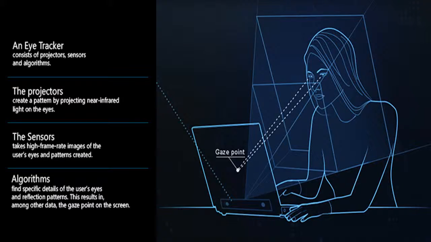The movement, whether you are looking left or right, is captured by that camera. That's how this eye tracker works.